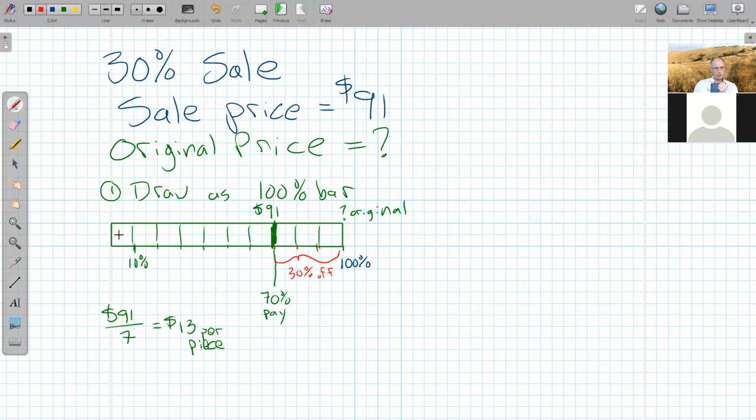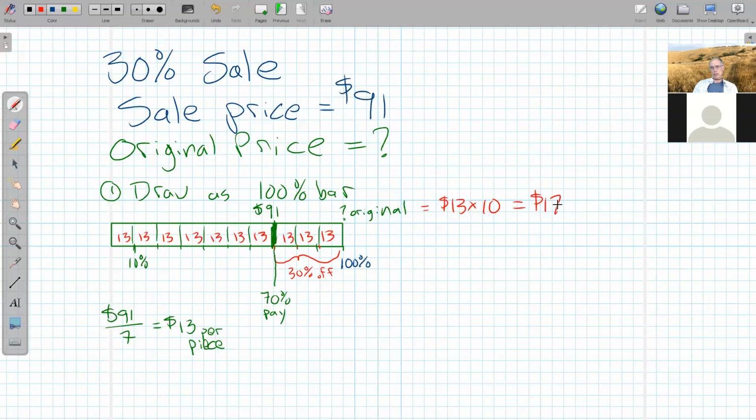I could fill that in here. 13, 13, 13, 13, a whole bunch of 13s. How many 13s do we have total for the original? 10. 10 of them, right? So the original price had to be $130.